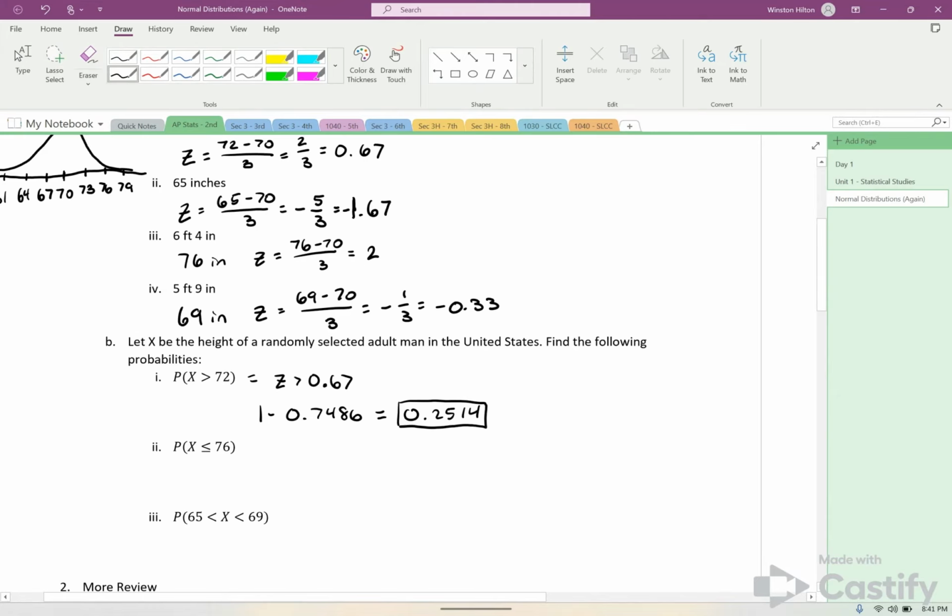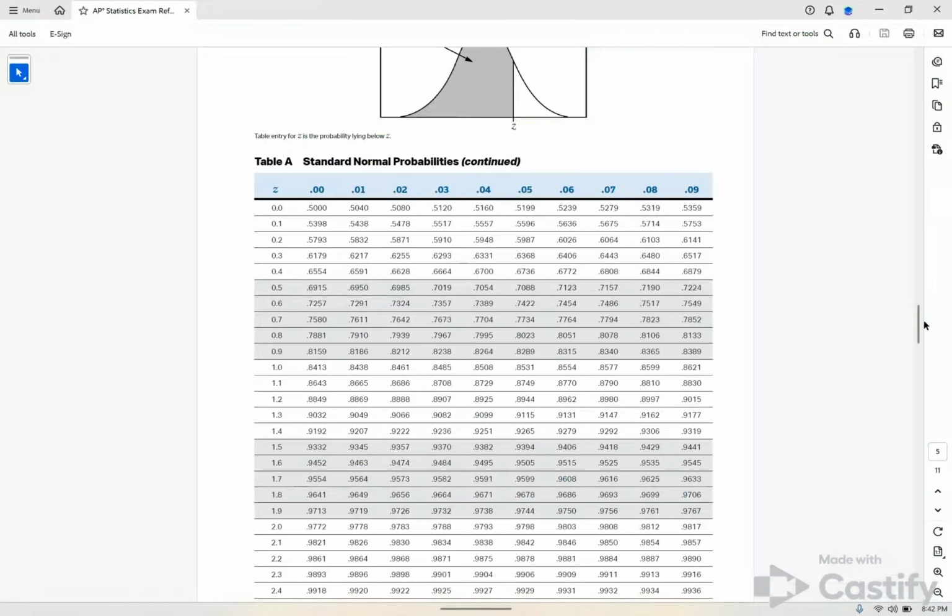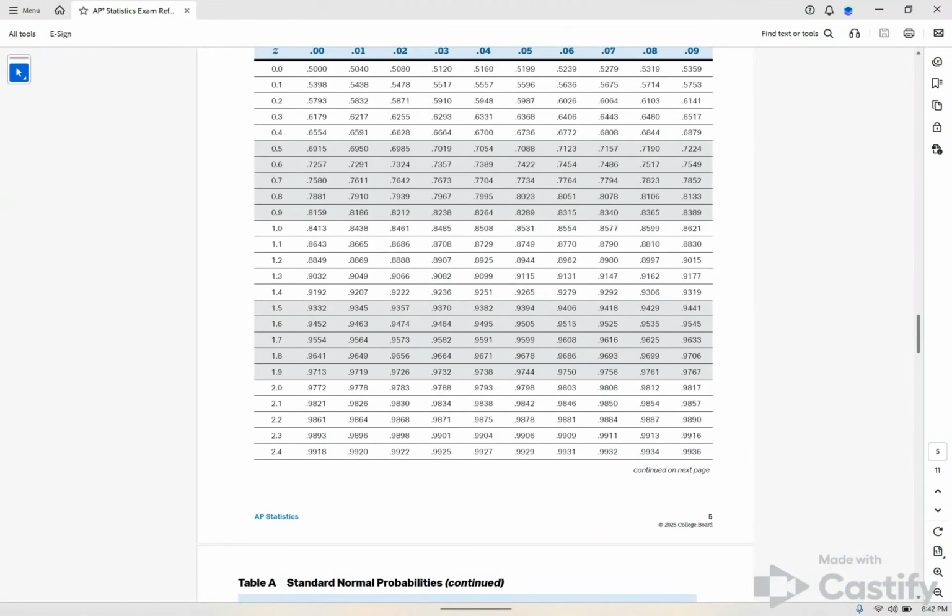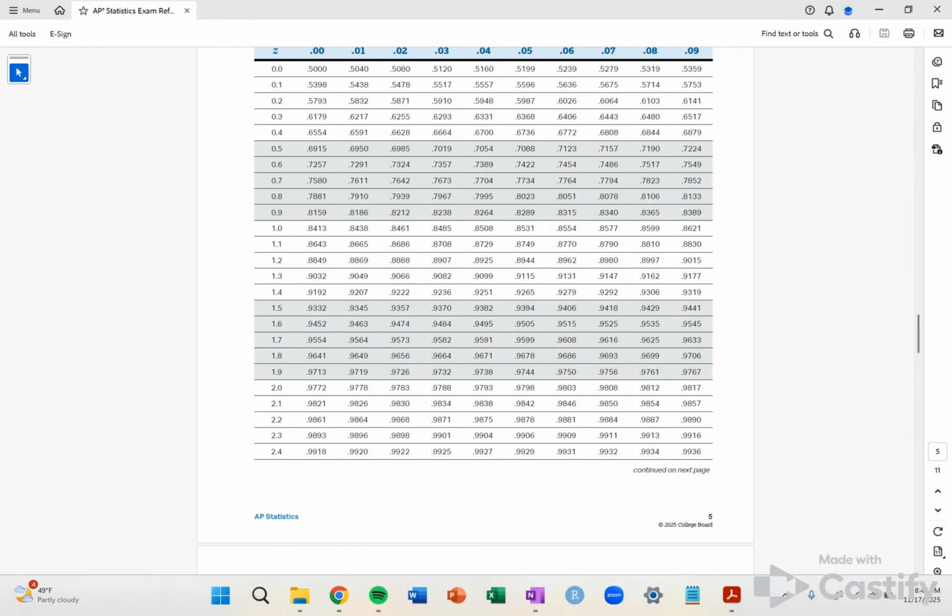It is 2, which means we need to find the probability that z is less than 2. The height is less than 76 is going to be equivalent to the probability that z is less than 2. So once again, we come back to our table. We find the 2.0 row, the 0.00 column, and the area to the left of that value is 0.9772.